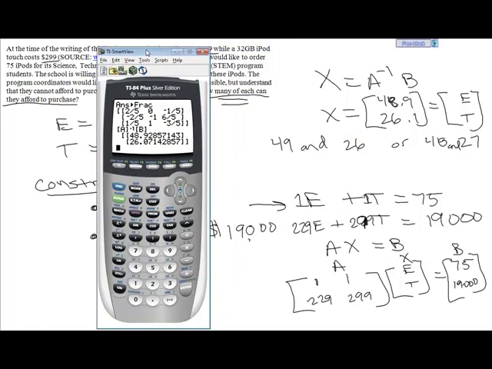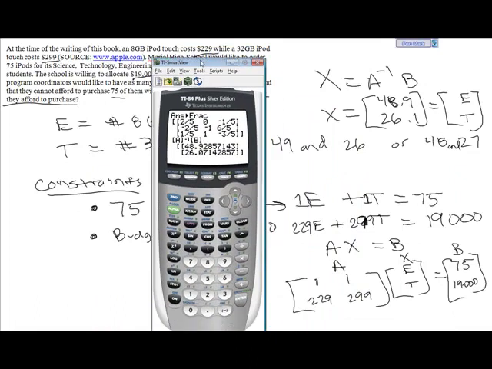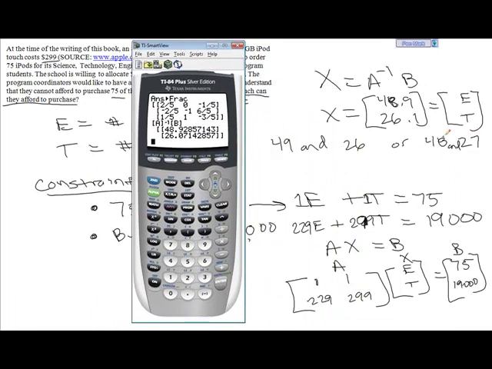The thing we can do to check real quick is just to make sure that our budget equation is satisfied. We can see that both these pairs add up to 75, but now if I do 229 times the number of 8 gigabyte, so 49 of them, plus 299 times the 26 32 gigabytes, that puts me under budget by $5.